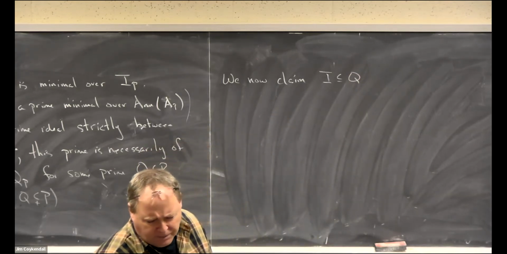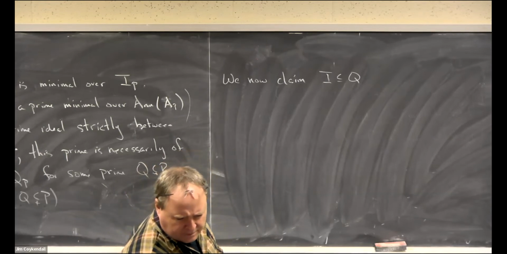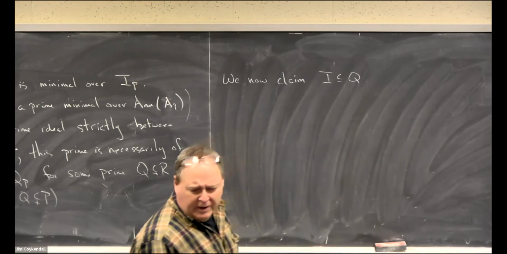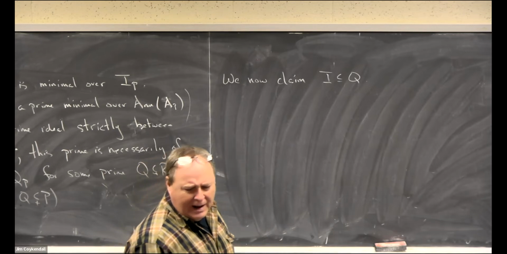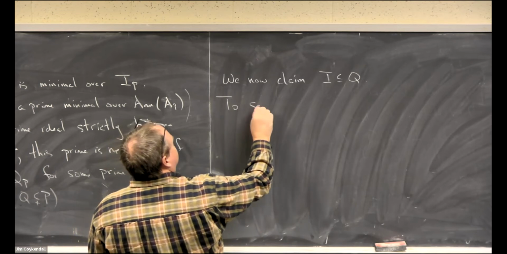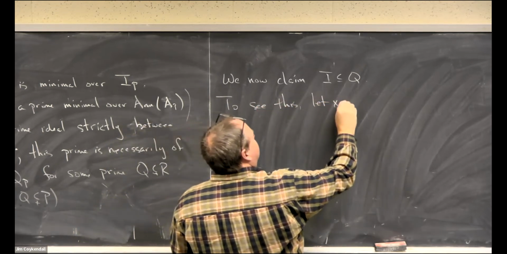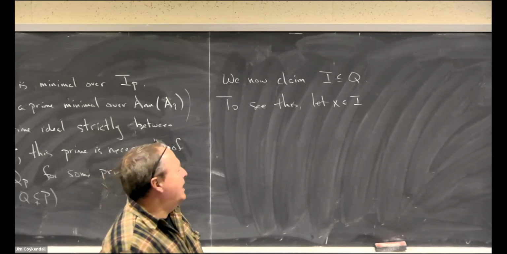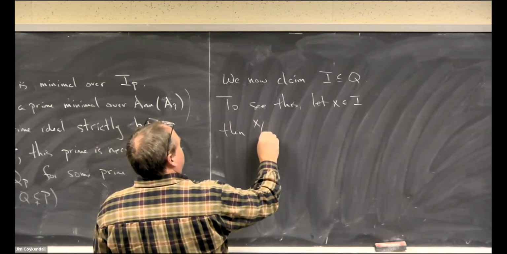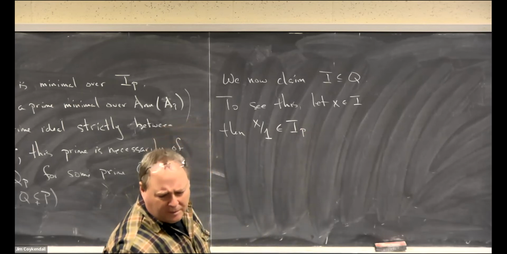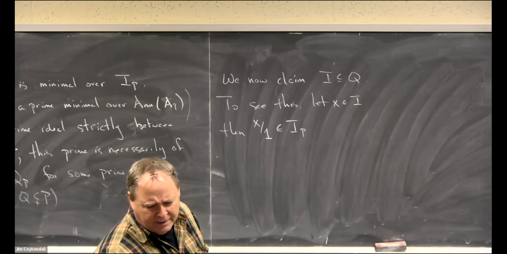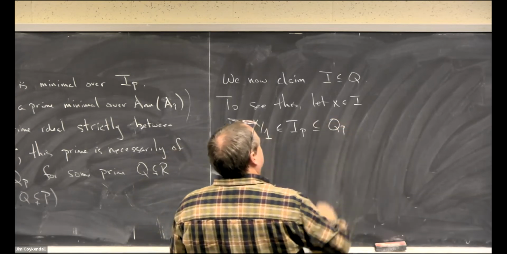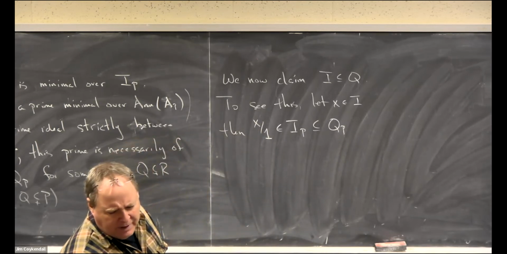We now claim that I is contained in Q. To show this, let X be in I. Suppose that X is contained in I, then the fraction X over 1 is an element of I localized at P, and hence must be in Q localized at P. So what does this mean?